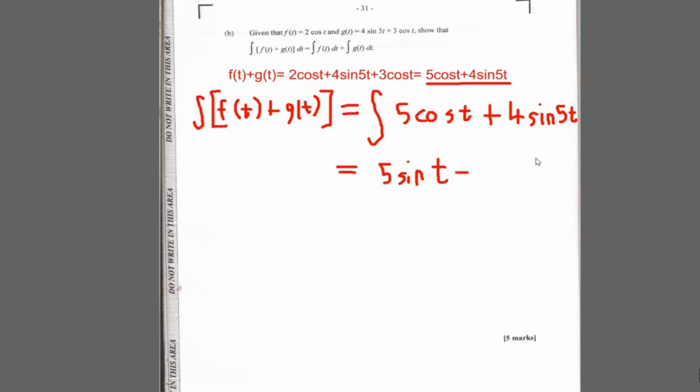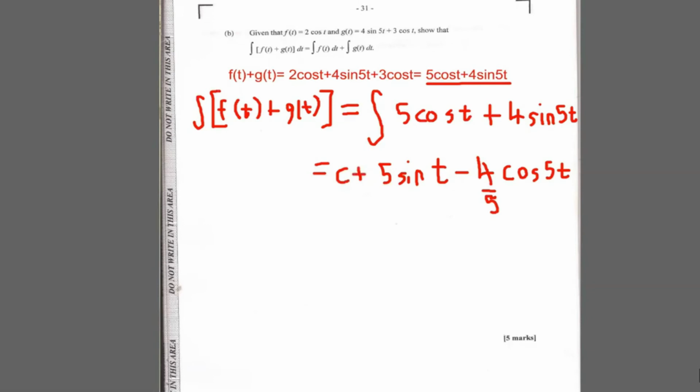When I integrate sine, I get cos, so it's going to be 4 cos 5t, and then I divide it by the differential, which is 5. So this is what I get when I integrate them: 5 sine t minus 4 over 5 cos 5t. Remember to put plus c, the constant of integration.